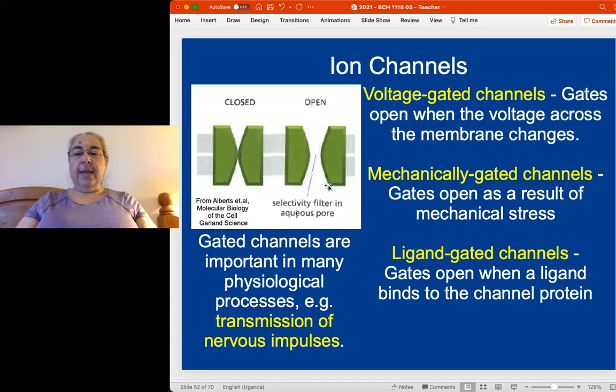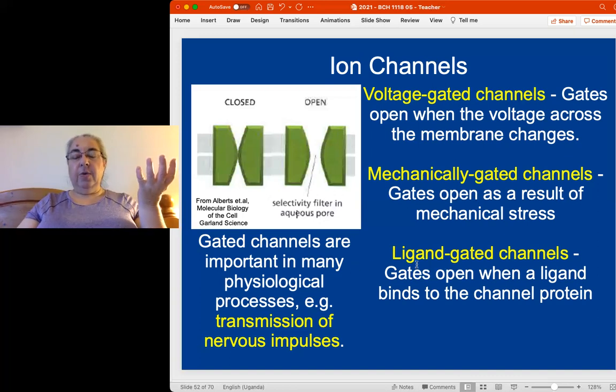There are also mechanically gated channels which open when there is an actual stress put on the protein. So here we're seeing things where there is a movement being produced because of the interaction between the protein opening and the passage of ions.